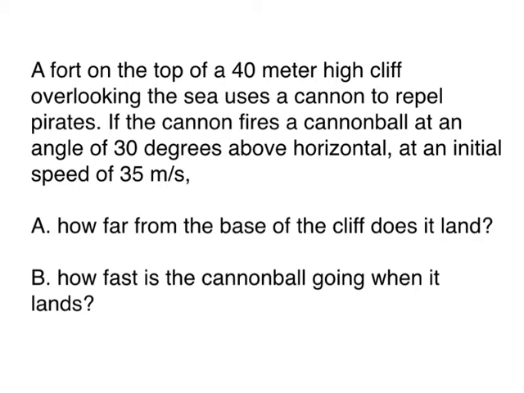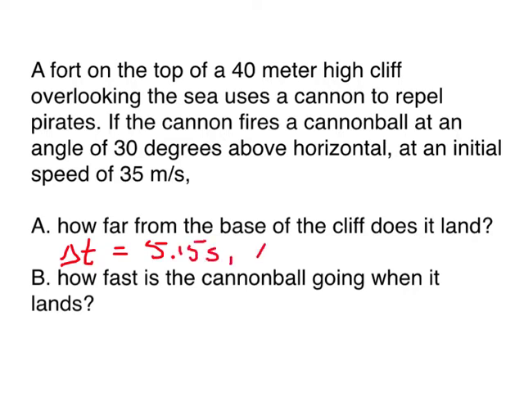In part 1, we answered part A of this question, how far from the base of the cliff does it land? And in doing that, we made two important discoveries. First, we found how long it took to land. This is the amount of time that it's in the air, and it's 5.15 seconds.